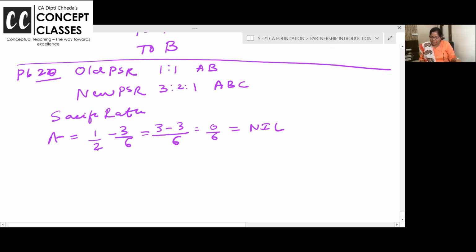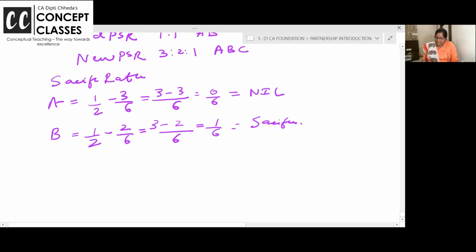B's sacrifice: old ratio is 1/2, new ratio is 2/6, so 3/6 and 2/6, और ये आएगा 1/6 sacrifice.